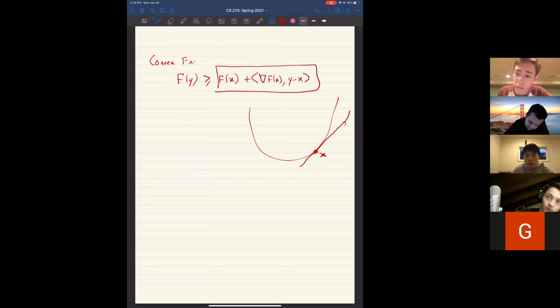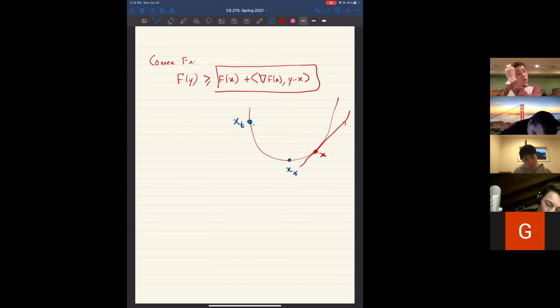A consequence of this, another way to flip this statement around, is: say your x_t is here, and your x star is somewhere here.